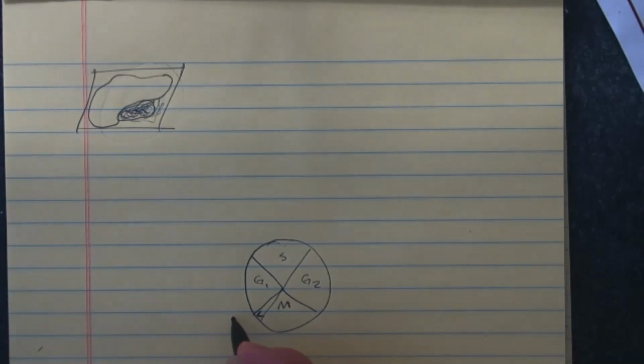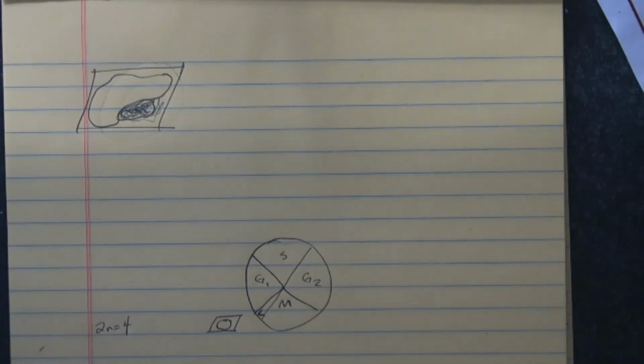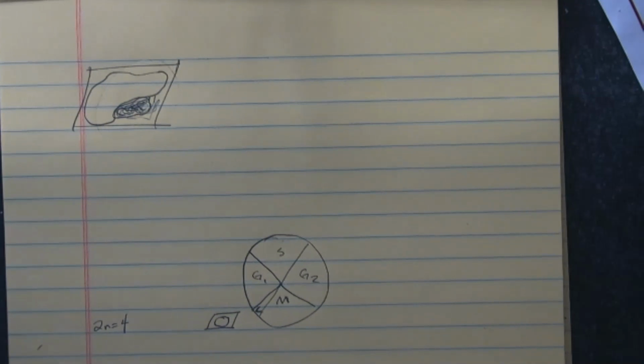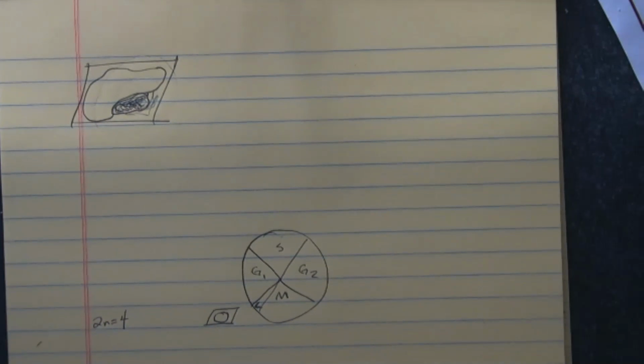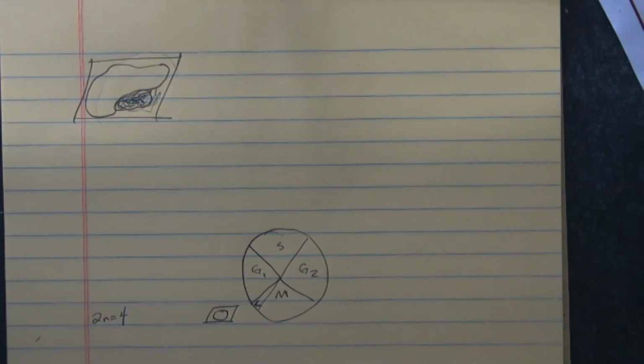So what I'm going to do right here is draw the cell about this big. These are the cell walls, and I'm just going to go ahead and focus on the nucleus. So here is the nucleus, and I'm going to put 4 chromosomes in that nucleus. Oh, you know what? Let me make this bigger over here. I don't know if that helps. And I can also zoom in a little. Well, we'll just leave it like that for now.